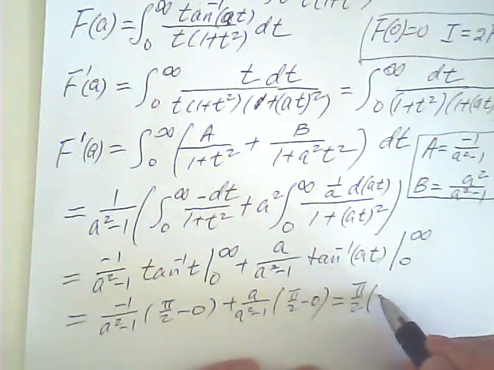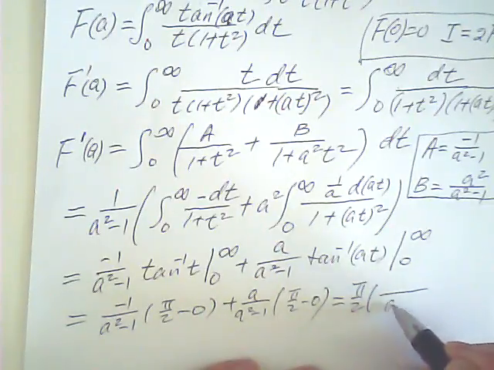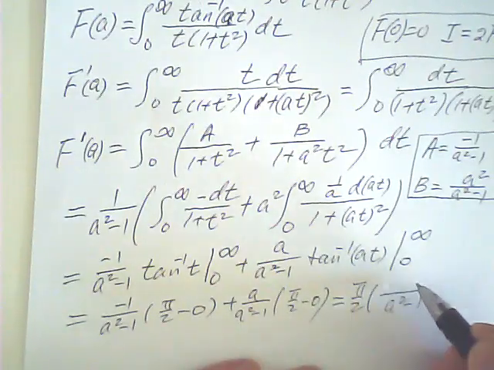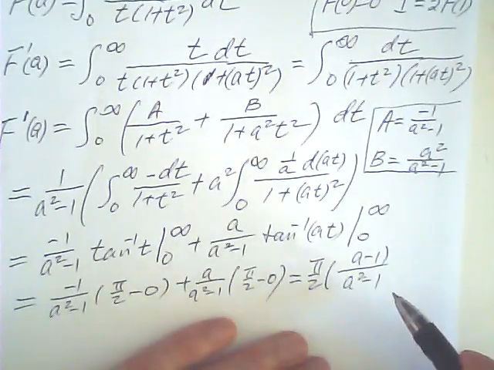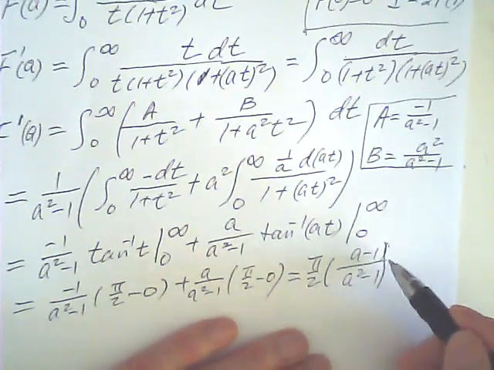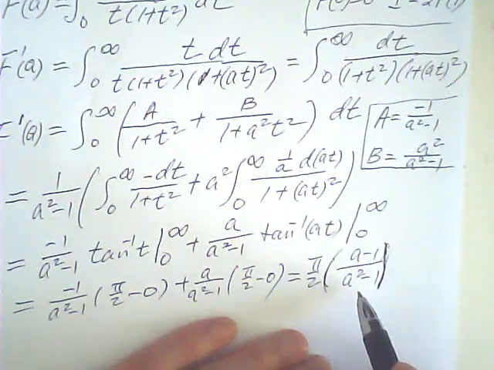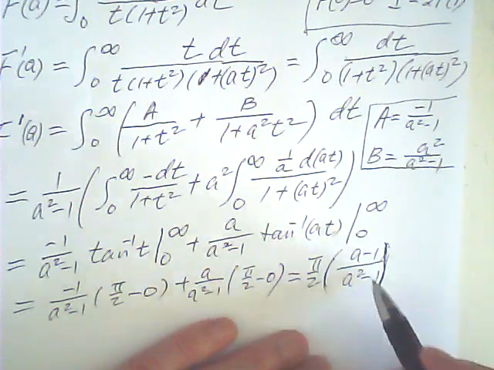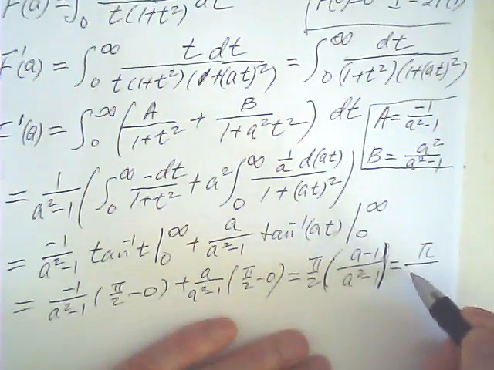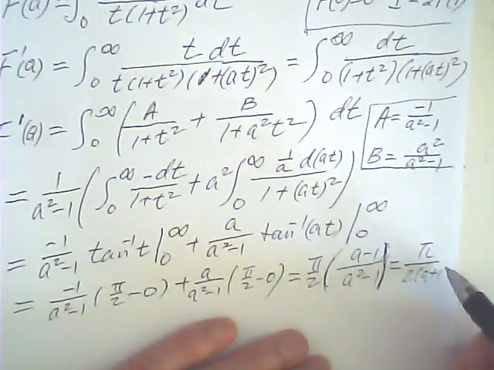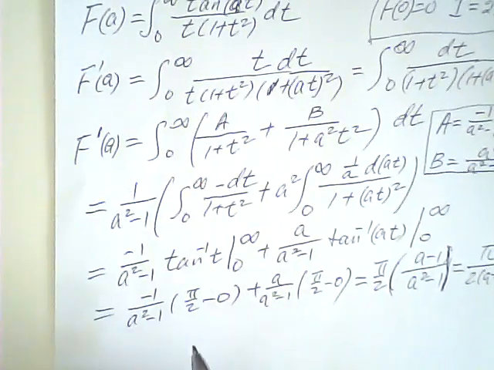Then this is also a common factor, a minus 1. So I say this is a plus 1, a minus 1. So cancel a minus 1. It becomes pi over 2 times a plus 1. Yeah, that is f prime of a.